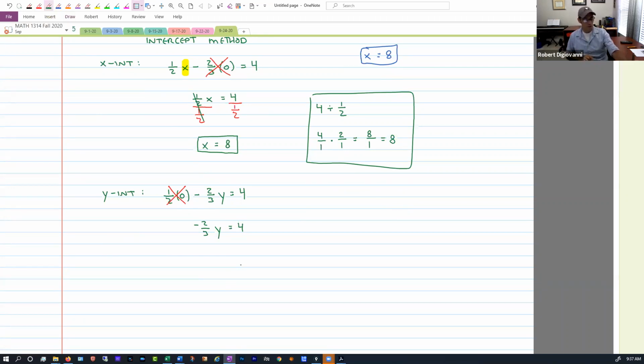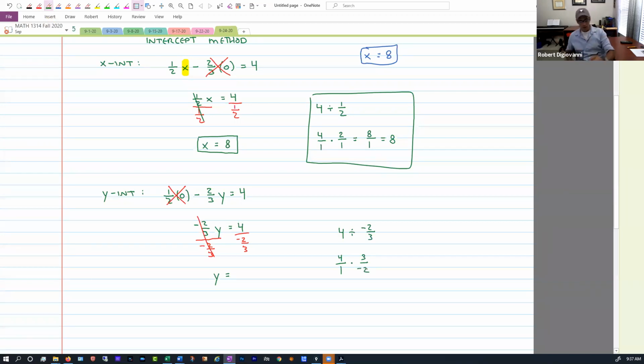I'm going to do the division again, just because. Divide this side by -2/3, divide this side by -2/3. It goes away on the left. I'm just left with the y. And then on the right-hand side, I'm doing 4 divided by -2/3, which is the same as 4 over 1. And this is where I'll do the keep dot flip.